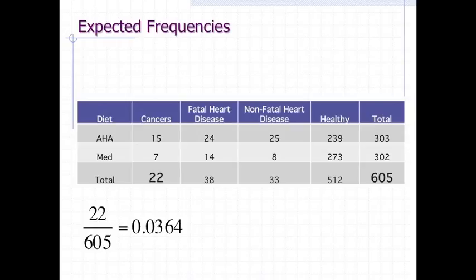The proportion who developed cancer is therefore 22 over 605, which equals 0.0364. Therefore, if there were no relationship between diet and outcome, we would expect 0.0364 of the subjects to develop cancer regardless of which diet they were on.